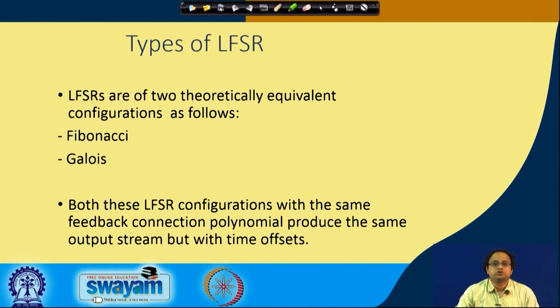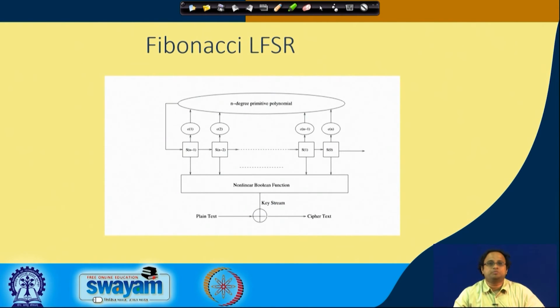Theoretically both of these are isomorphic, which means both these LFSR configurations with the same feedback connection polynomials produce the same output stream, but with time offsets. Now, although from the cryptographic point of view both of these LFSRs are equivalent and you can use one instead of the other, the question is whether they are also equivalent with respect to power attacks.